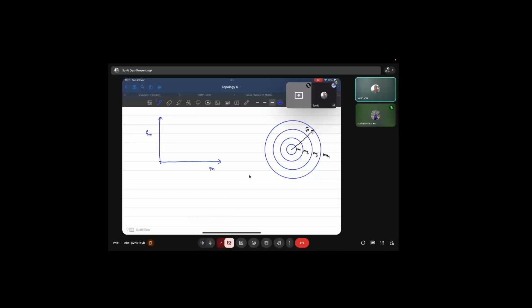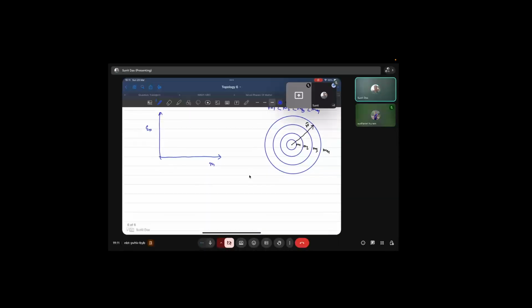So what I'm trying to draw is the wave functions for different m's. If you have seen my last lecture, these are in increasing order. So m1 is less than m2, and then m3 is greater than m2, and so on.